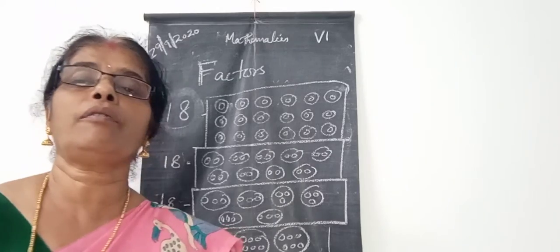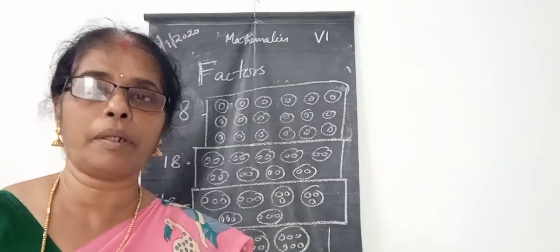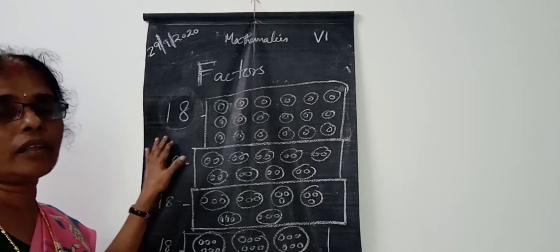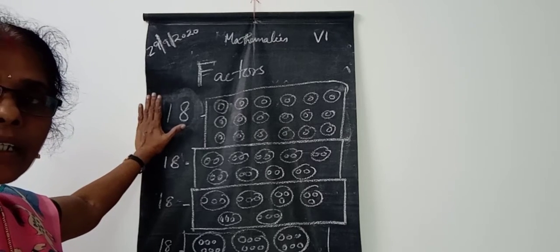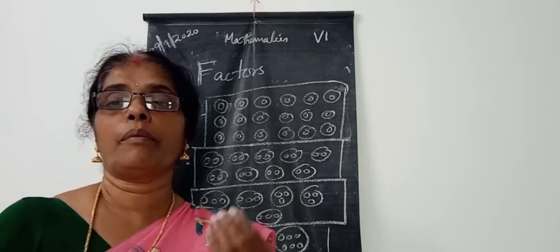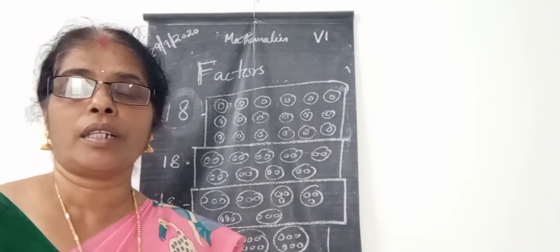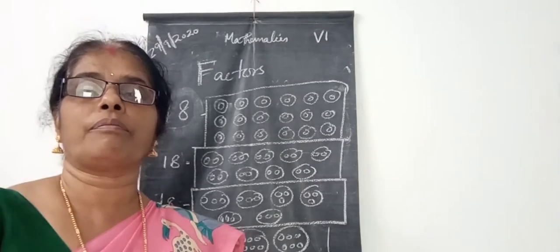Next we want to study factors. What are factors? If you are the multiple, I will be the factor. So look here, the number is 18. If, for example, I got 18 sweets, I can give those 18 sweets in many ways.